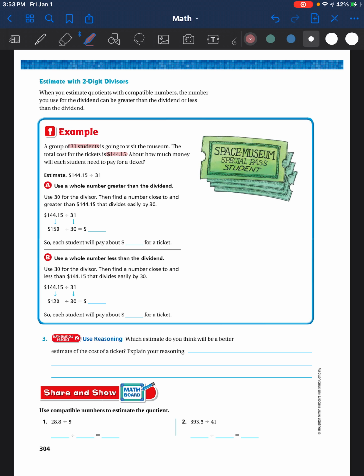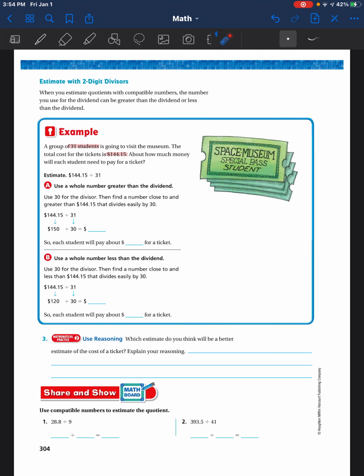If you remember when we did whole numbers, the book had suggested that we always start with the divisor first, not the dividend. So for me, I'm looking right away at 31 and I'm like, okay, well, it's definitely closest to 30. So I would definitely estimate 31 to 30. So that's what we have right here.